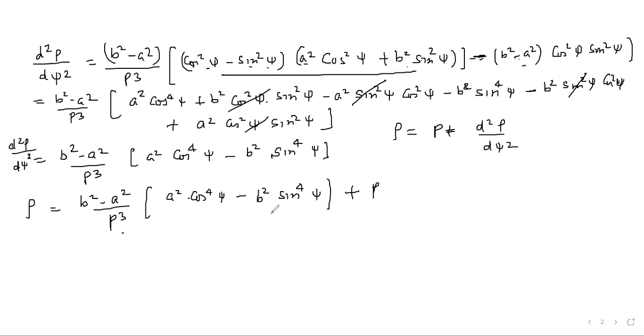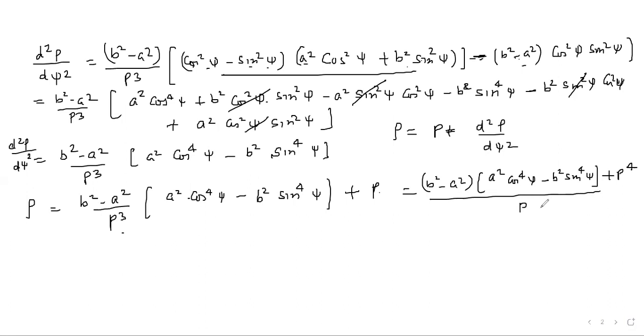So here, if we take LCM, this will become p⁴. So we can write (b² − a²)(a² cos⁴ψ − b² sin⁴ψ) plus p⁴, divided by p³.